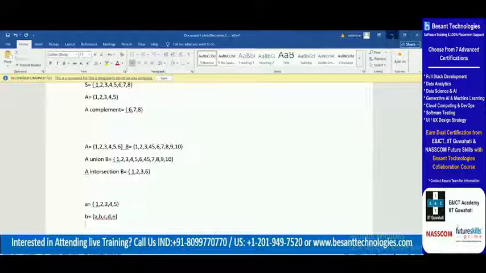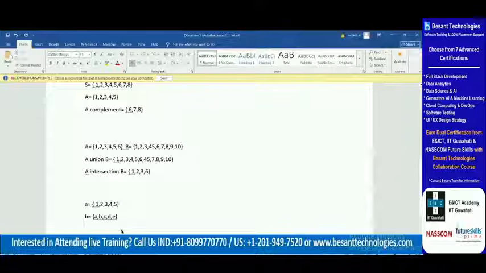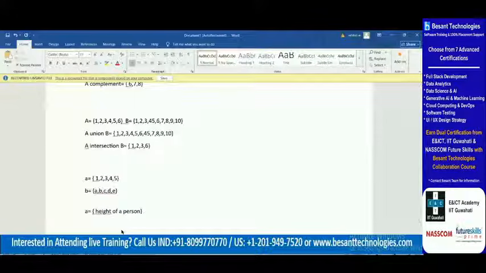So if you're going to have this kind of example in real time, you can say A is equal to height of a person. Okay, height of a person, you will be having 160, 158, 150, like that, no?